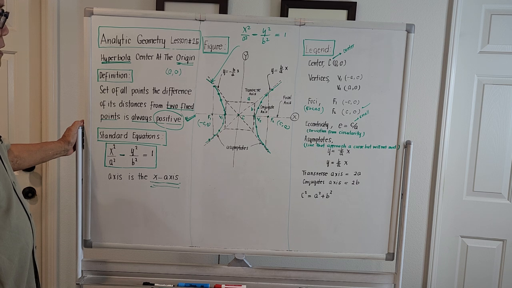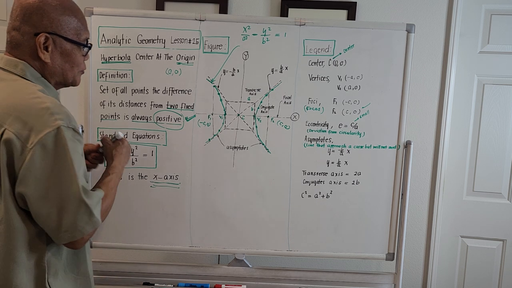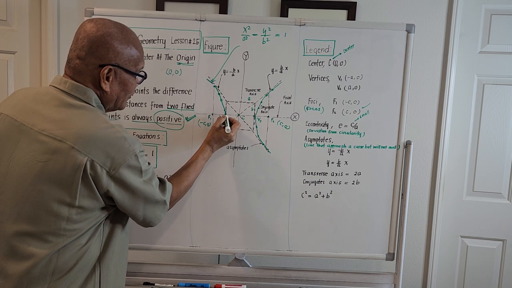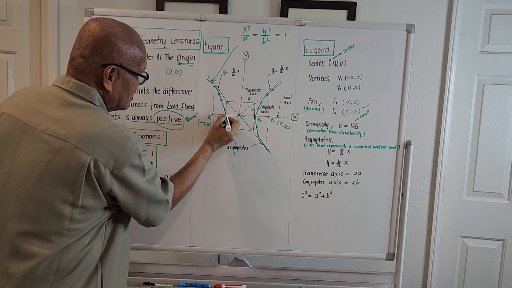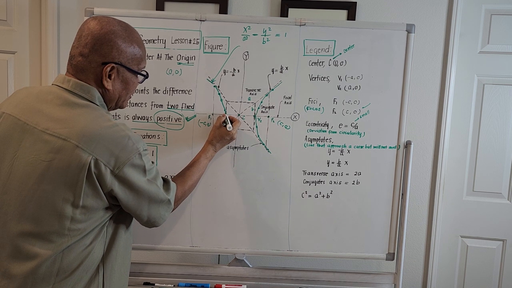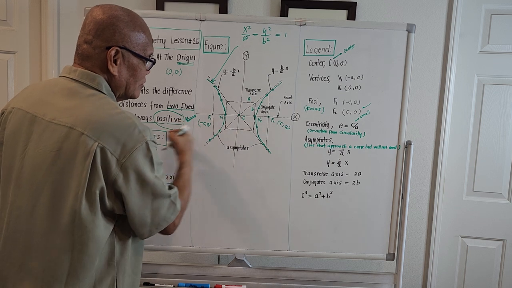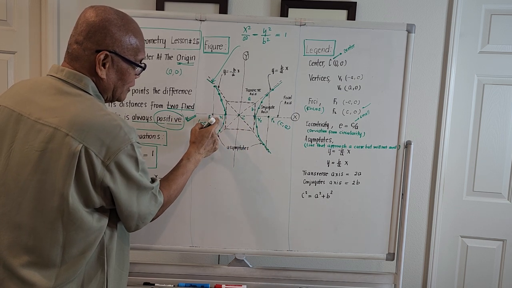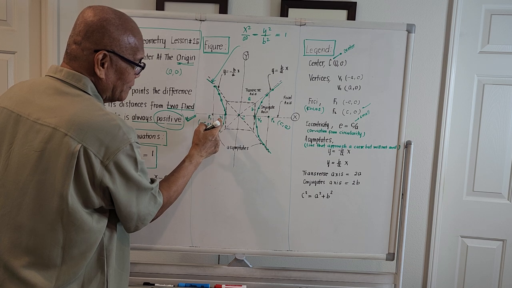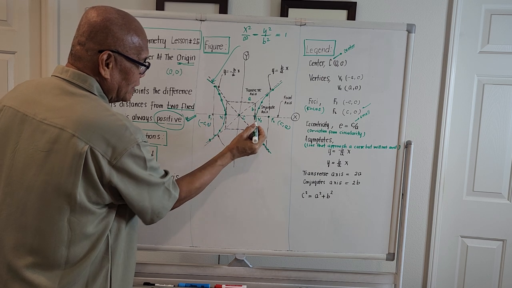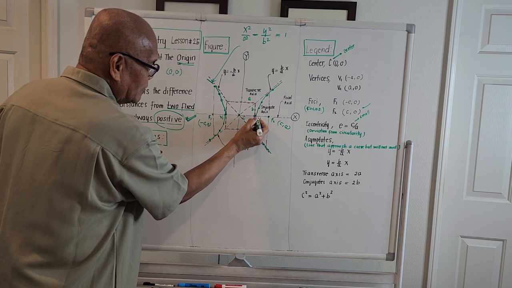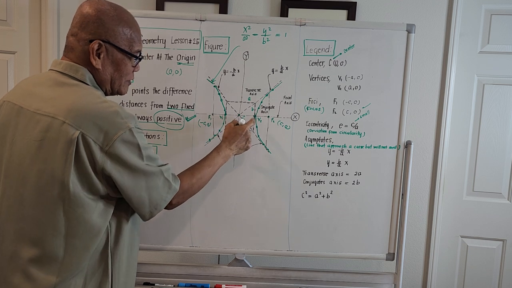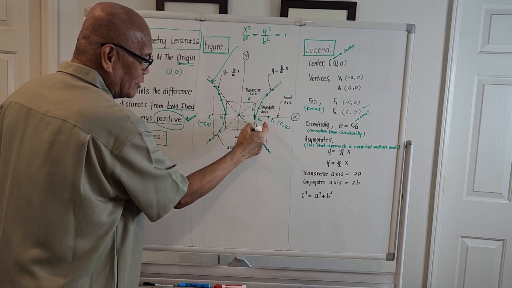What are the next major points on the hyperbola? The point where the hyperbola intersects the axis of the hyperbola. This point here is a capital letter B with a subscript 1, meaning vertex number 1, and this point here will be vertex number 2, capital letter B with a subscript 2.